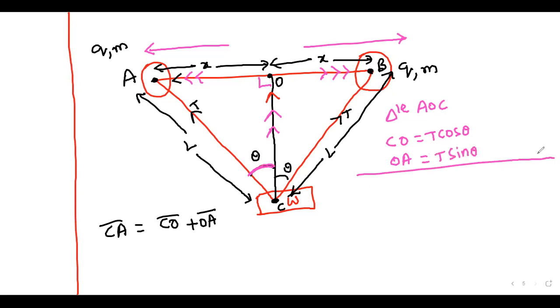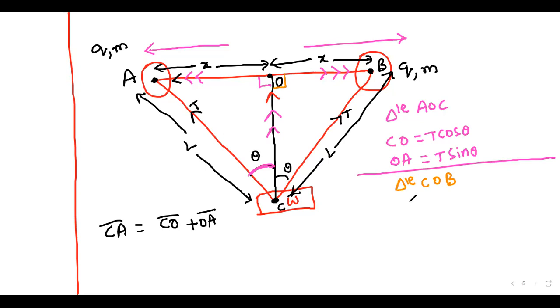Similarly, in the triangle COB, at O it is a right angle. So CB is my hypotenuse.